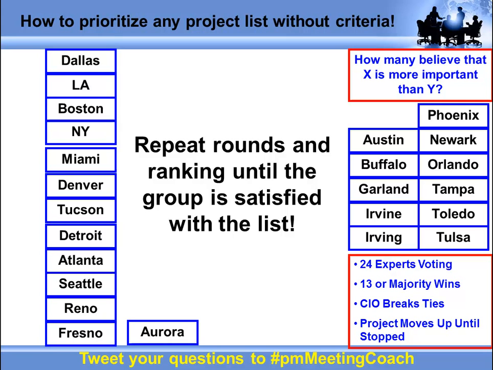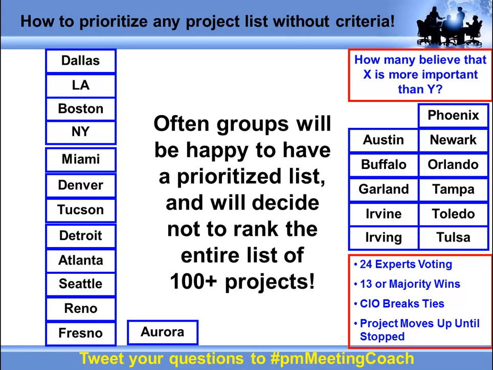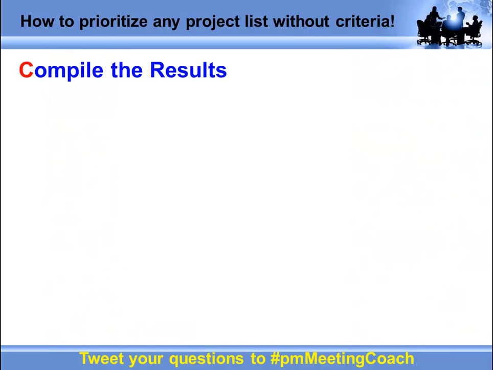All right. So, as I mentioned, a lot of times groups are going to be happy with their list and they'll decide not to rank all 100, 500, 1000, or whatever. A lot of times they're happy to just go with the top X number of projects. Okay. And now that we've got this list and it's prioritized and we know what the top 20 or 50, whatever number of projects are, it's really important that we compile the results.